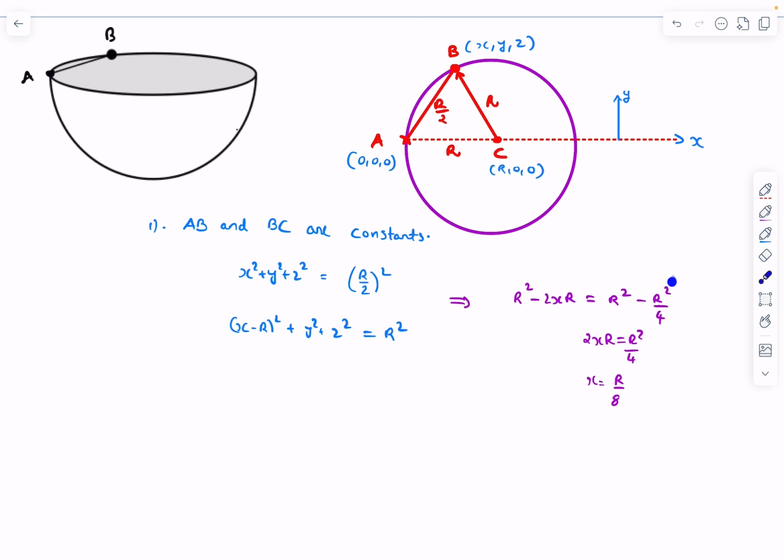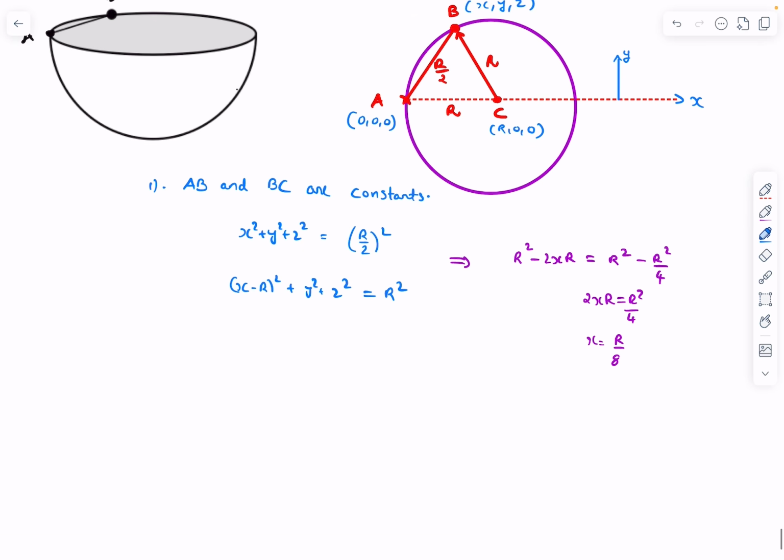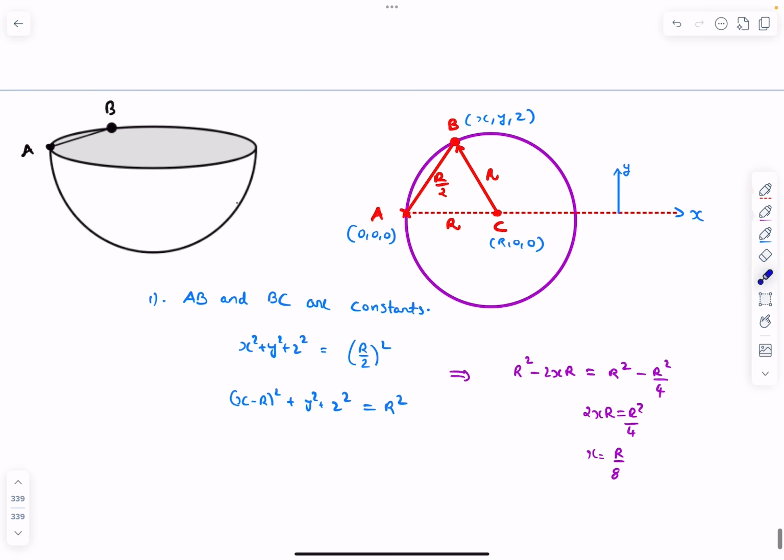Once you subtract these two equations and solve, we get x equals r by 8. What that means is the particle B actually moves in a plane such that its x coordinate is always fixed and equal to r by 8. So the x coordinate of the particle B is a constant throughout the motion. From the top view, x equals r by 8 will be somewhere over here.